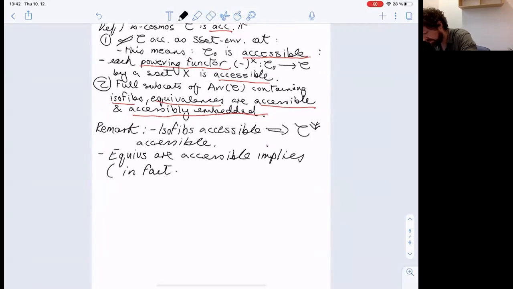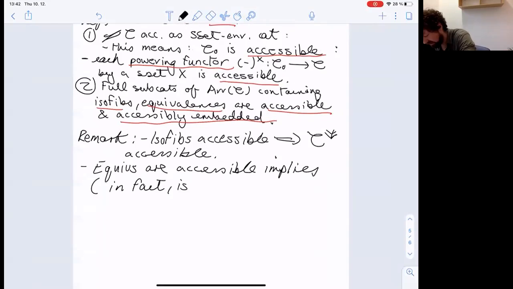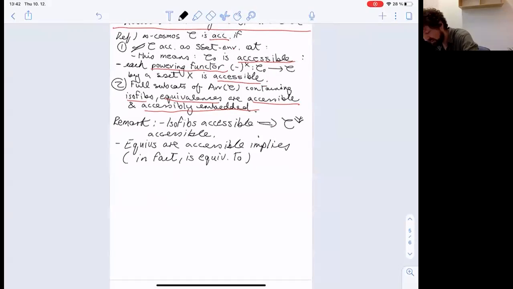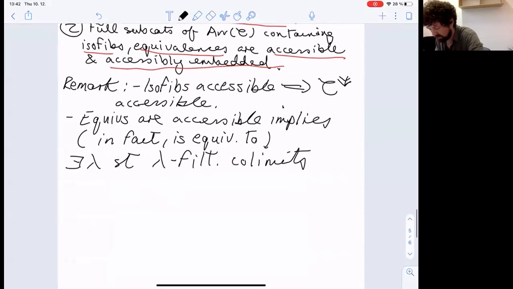But really, it took a while to work this out, that the core thing, which is actually not that easy to prove, is that this property implies, for the purpose of proving things, that there exists some regular cardinal lambda such that lambda filtered colimits are homotopic colimits. And this is very important.